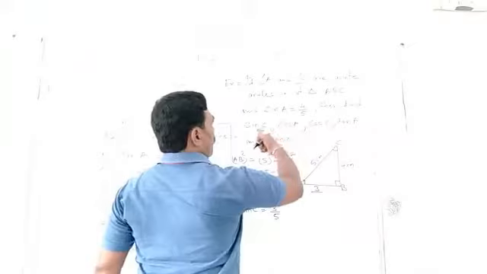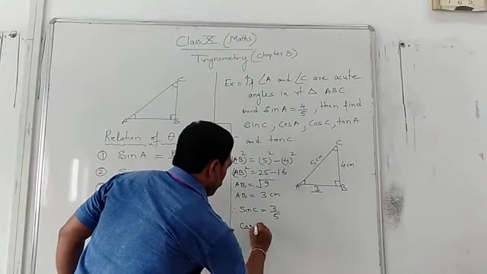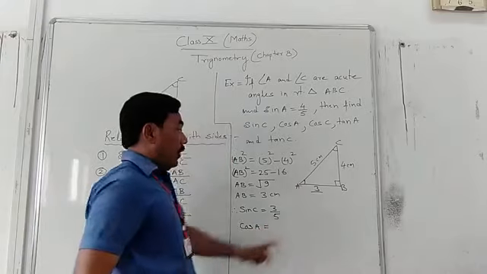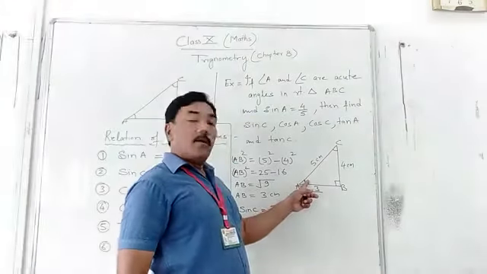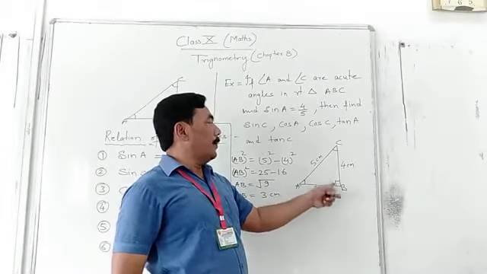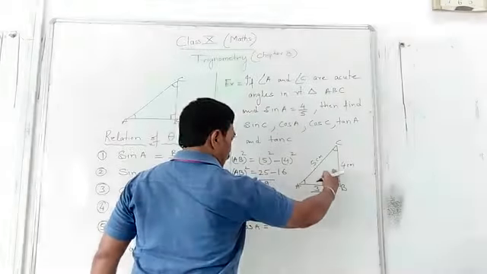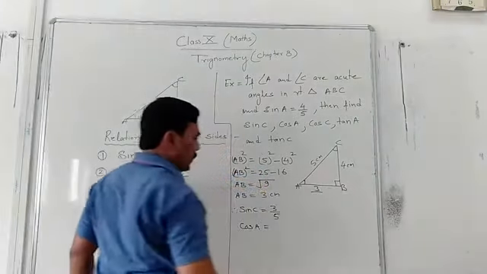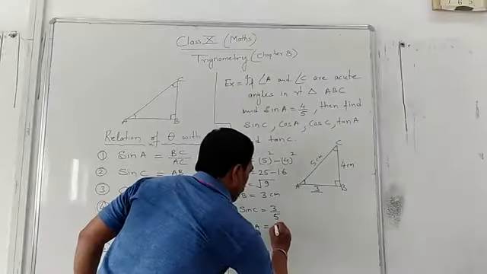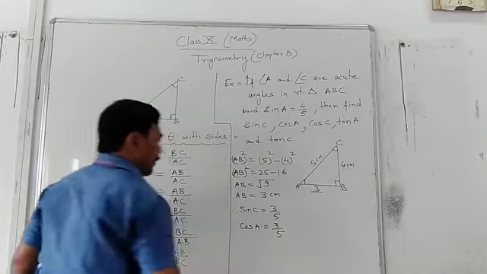Now we have to find cos A. The side opposite to angle A is BC, the perpendicular, so the base is AB. So it is 3 upon hypotenuse 5.